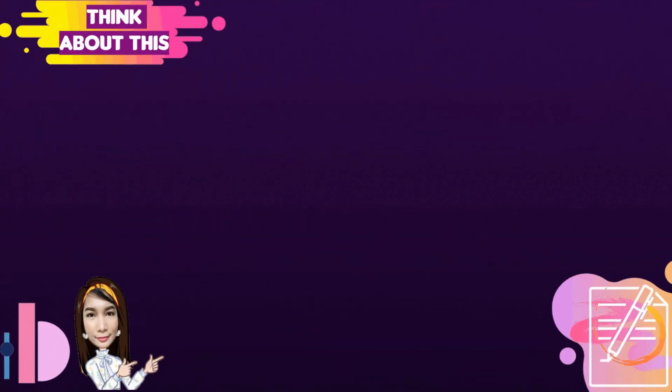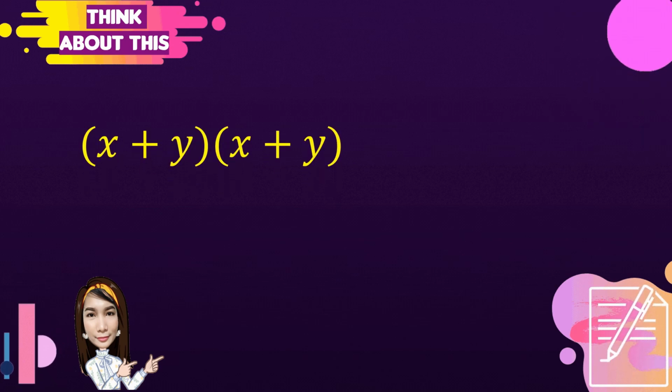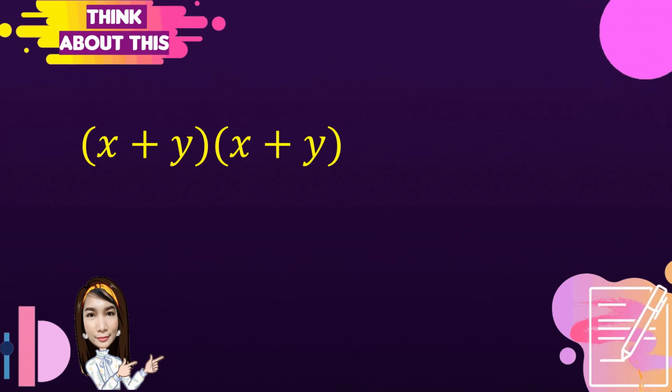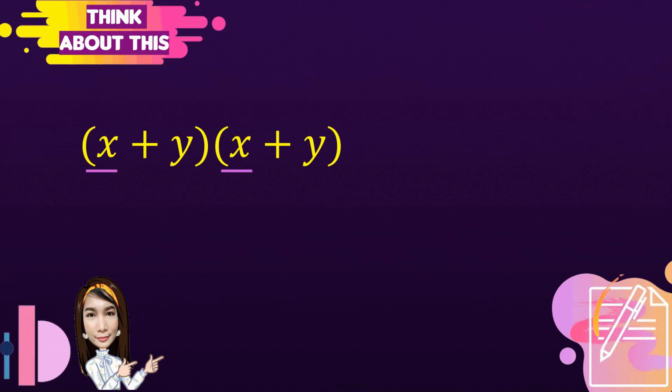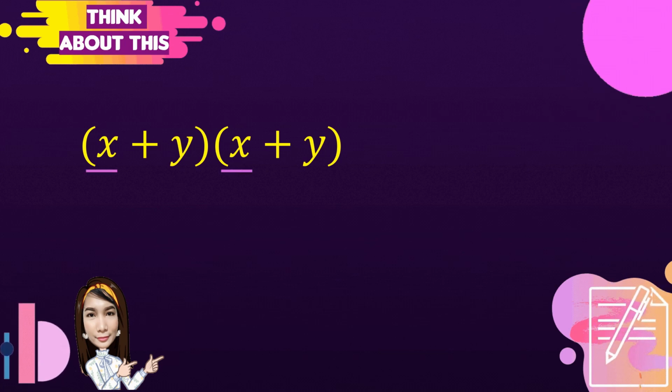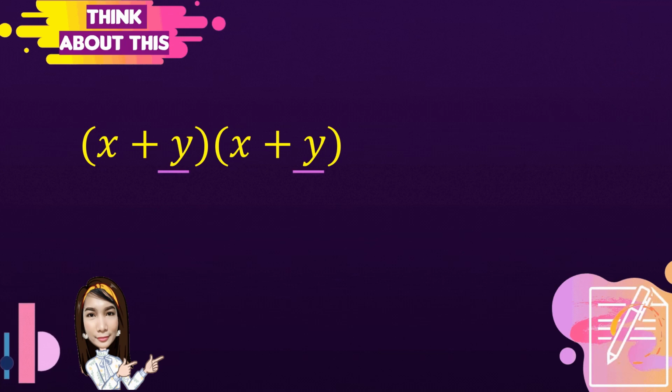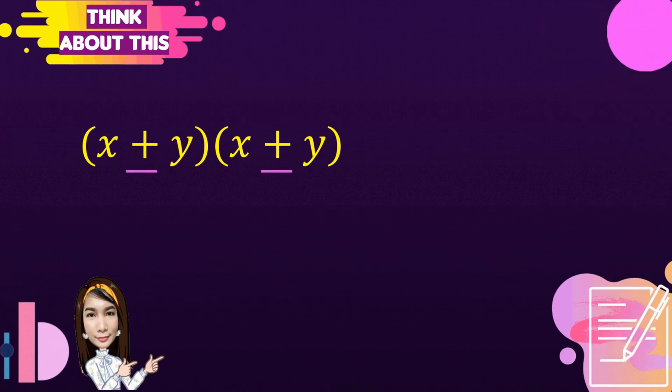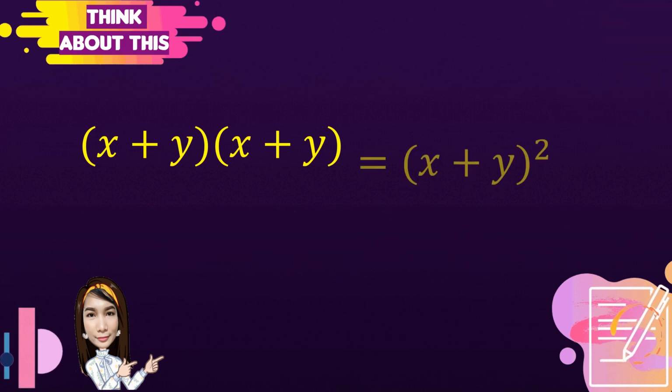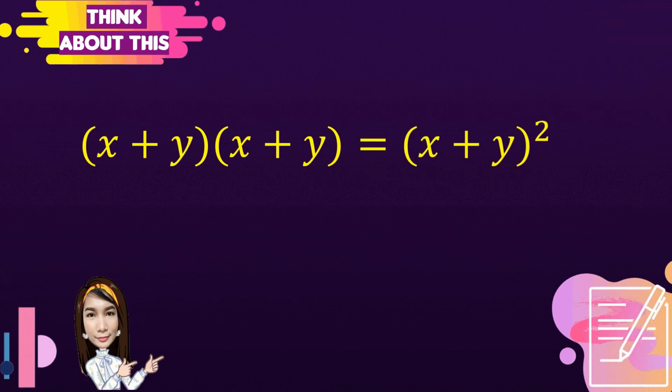Now, think about this. Given the quantity of x plus y times the quantity of x plus y, as you can see, we have the same first term x and the same second term y, and the operations are both plus. So they are considered identical binomials and can be written as the quantity of x plus y squared.